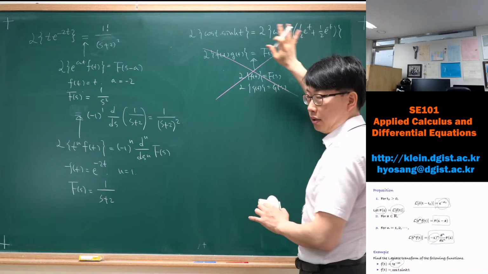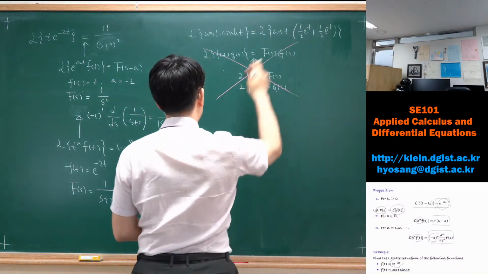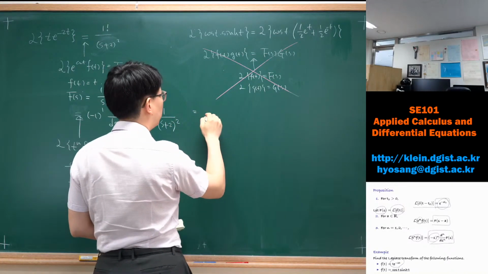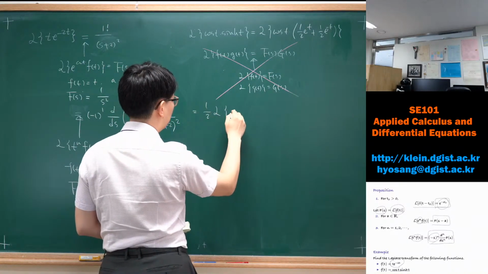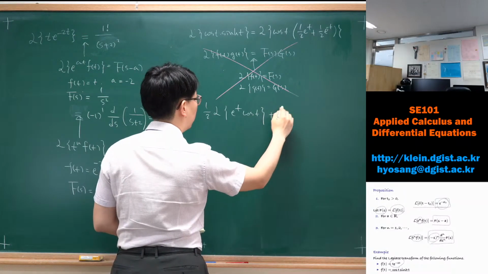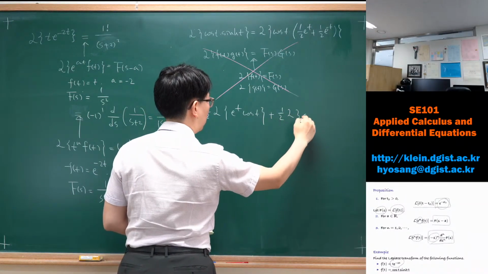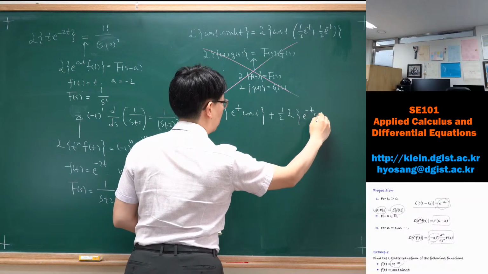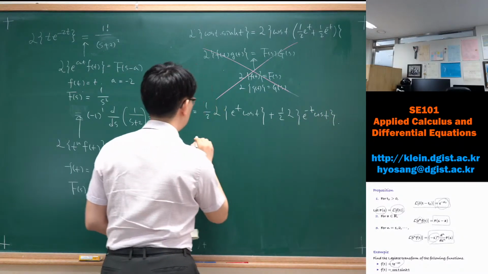And then by the first proposition, the Laplace transform is linear, so this is equal to 1/2 L of e^t cosine t plus 1/2 L of e^(-t) cosine t.